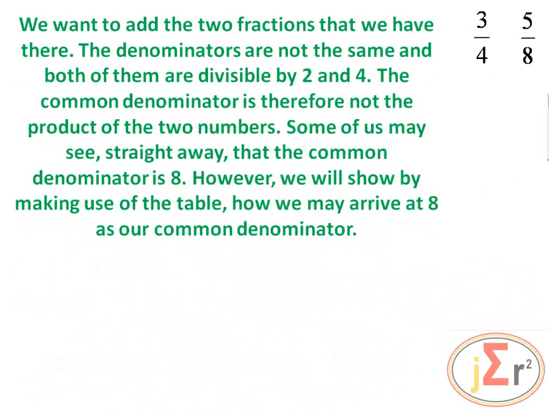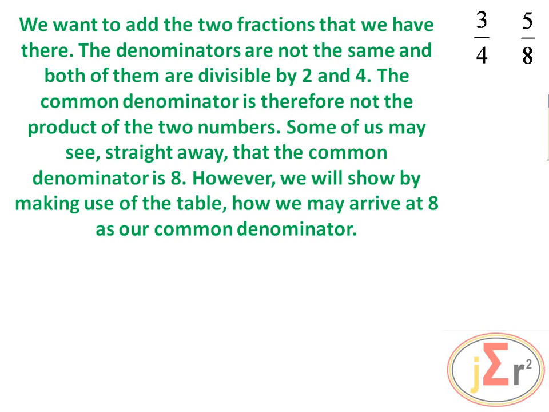We want to add the 2 fractions that we have there. The denominators are not the same and both of them are divisible by 2 and 4. The common denominator is therefore not the product of the 2 numbers. Why is it that the common denominator, which is the lowest common multiple of 4 and 8, is not the product of 8 and 4?